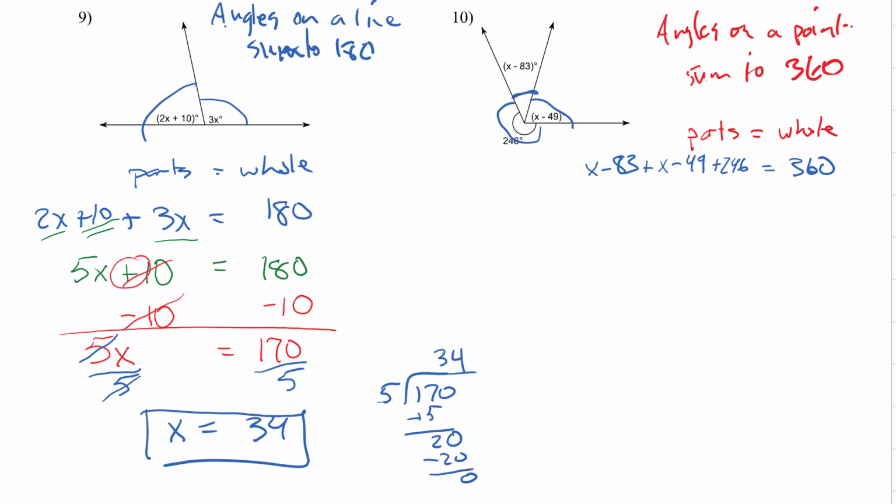Okay, so I need to do 246 minus 83. Oops. So I need to do 246 minus 83. And then I also need to take off the 49.